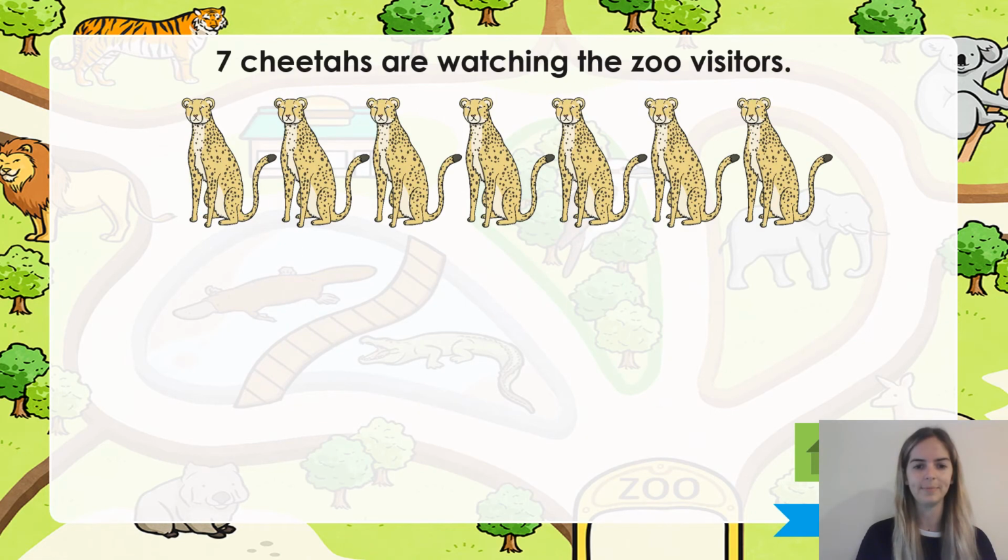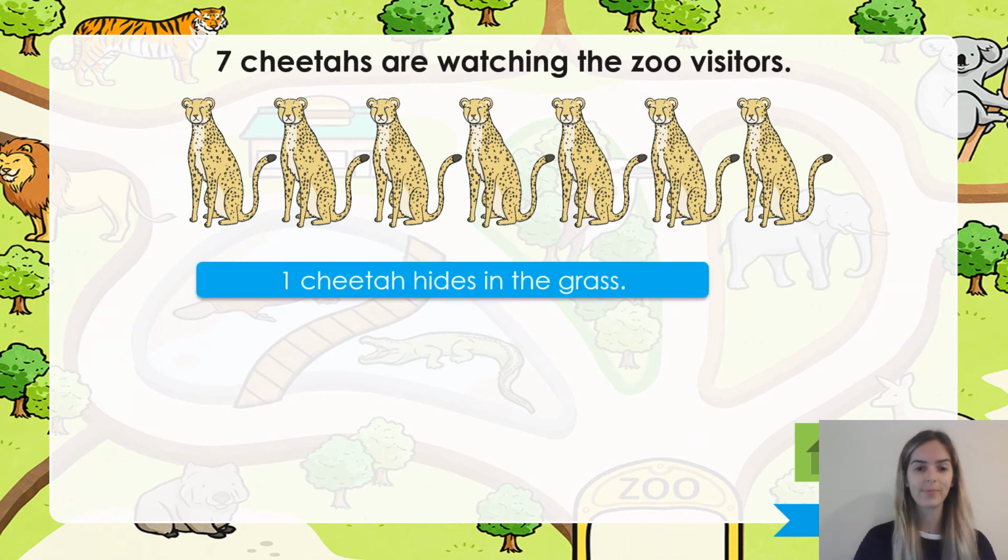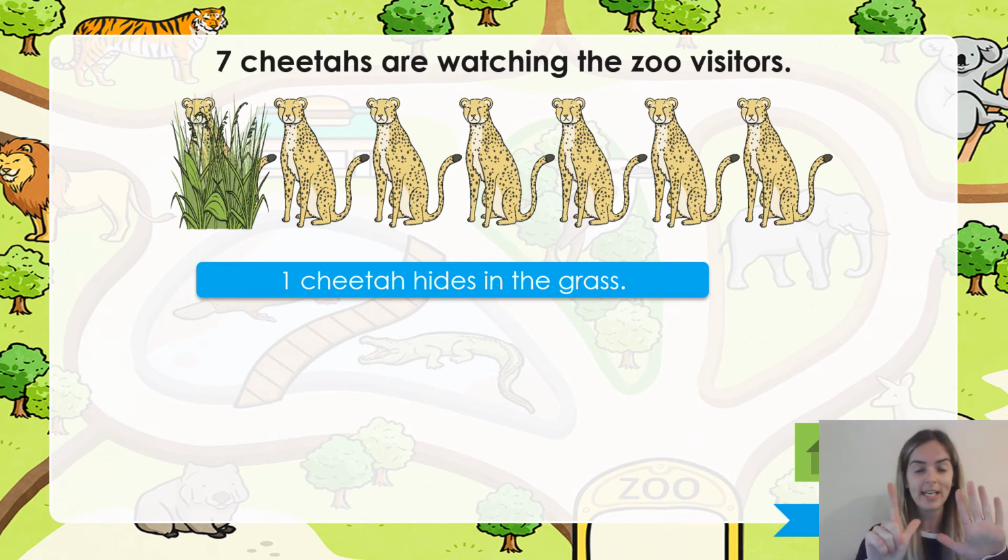Well done, everyone. Here we have 7 cheetahs are watching the zoo visitors. 1 cheetah hides in the grass. There he is, he's hiding in the grass. So you may have drawn your 7 cheetahs, and they could have been represented as circles on a piece of paper.